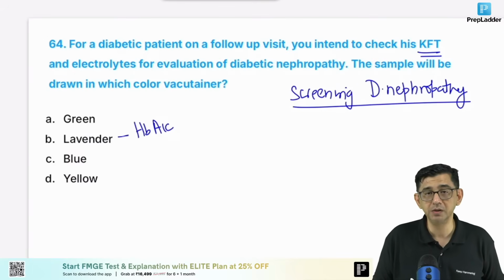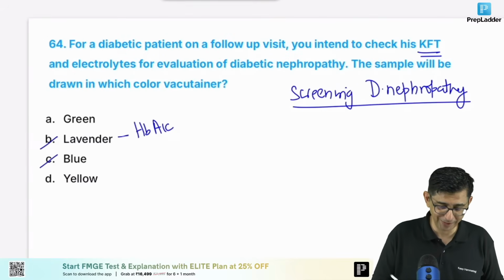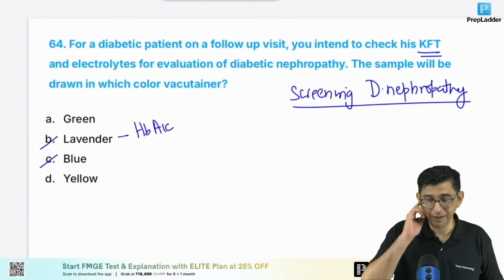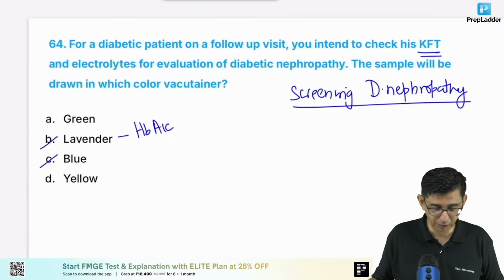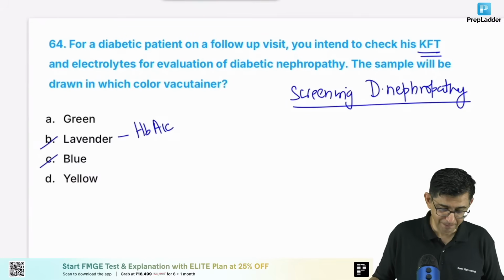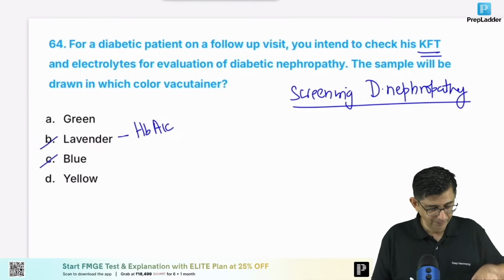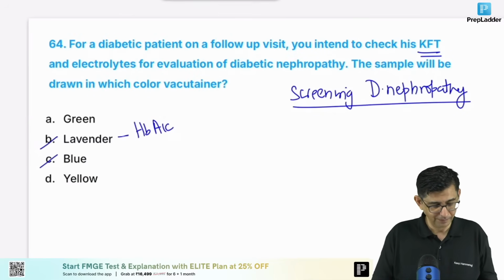Okay, not a blue one. So I'm removing two from the discussion here. Lavender and blue are removed here. Now yellow versus green, guys. Quickly, let's look at what you would be doing in this case. It's a simple question, guys.